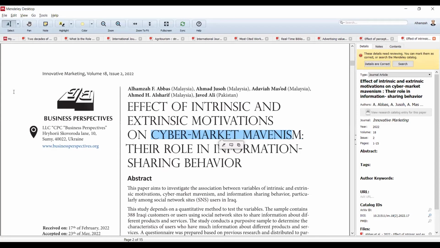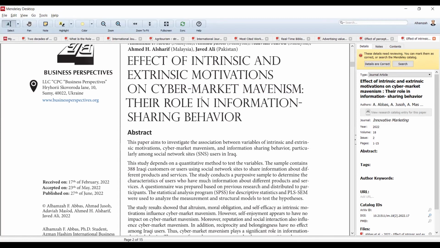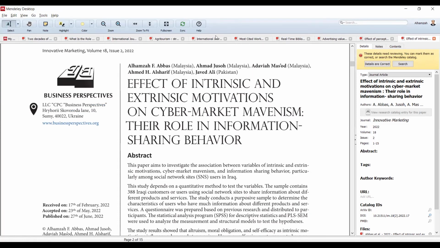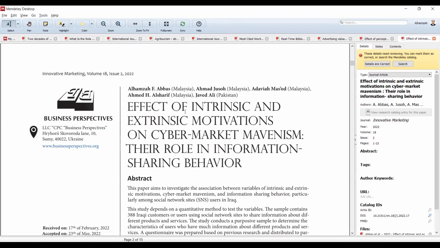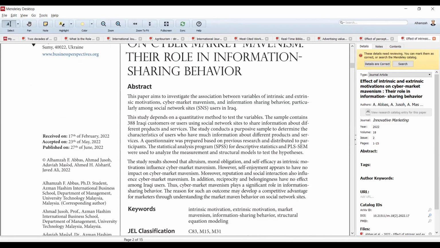So what I did first, after I checked the journal, I went to the scope, then after that, I went to the format. I need to follow the format, so I formatted my work here, all right? You can see the abstract here, it's very short.